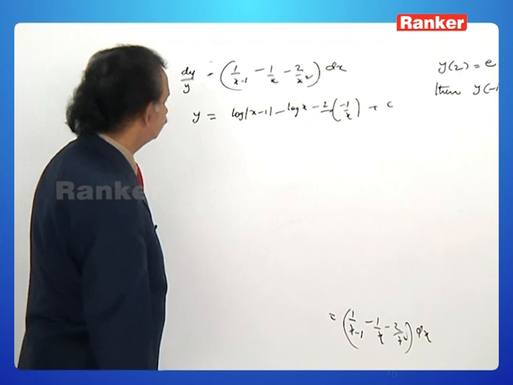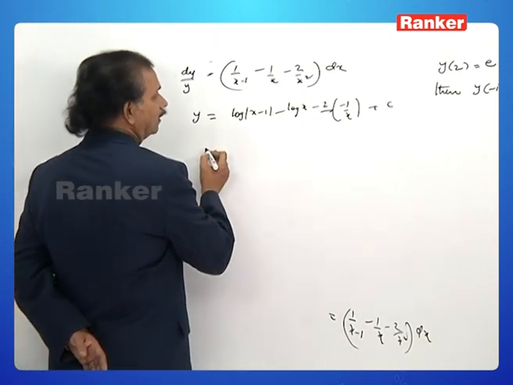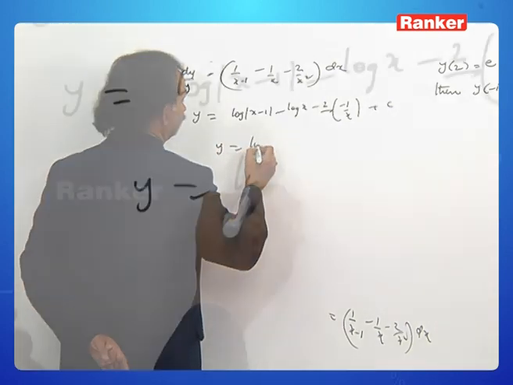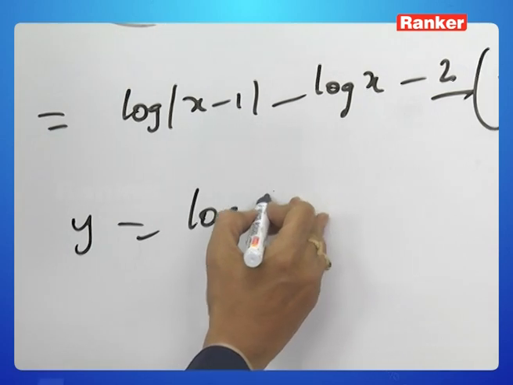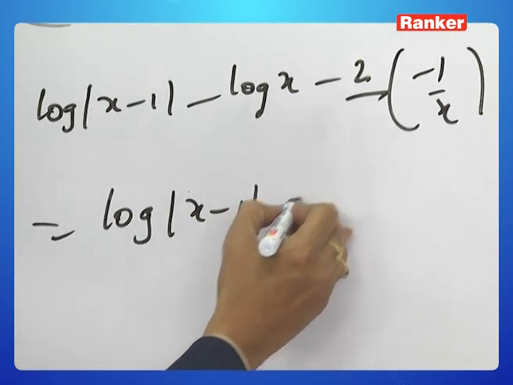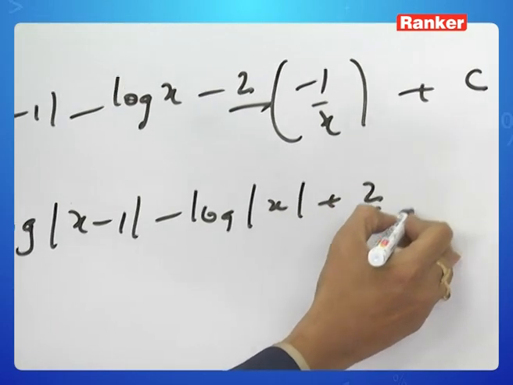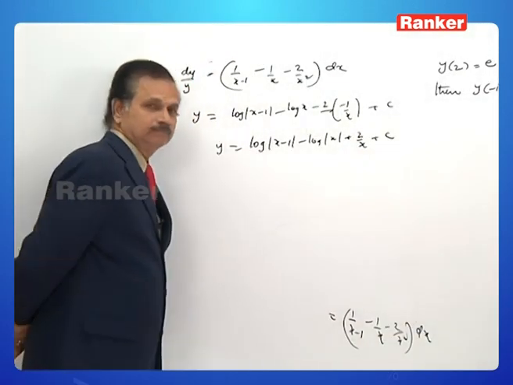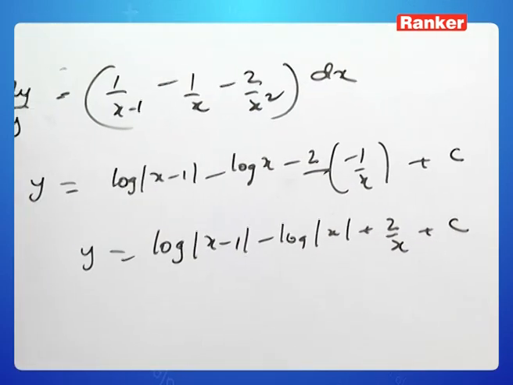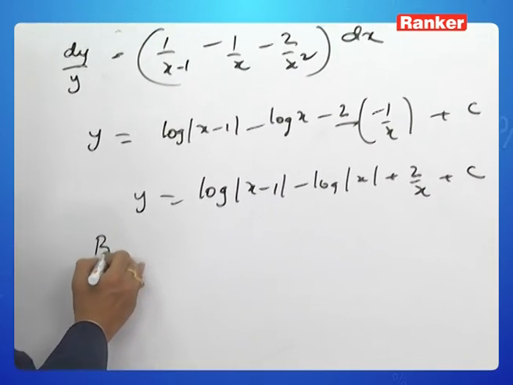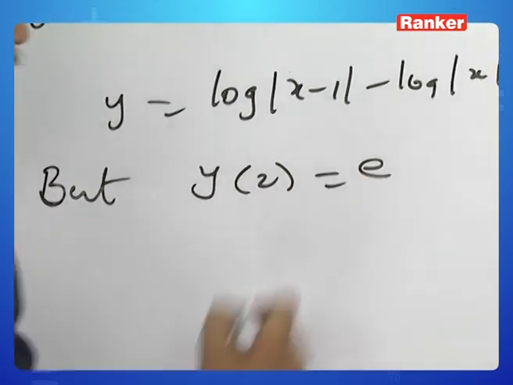Therefore, log y is equal to log mod x minus 1 minus log mod x plus 2 by x plus c. We are now to make use of y of 2 is equal to e.